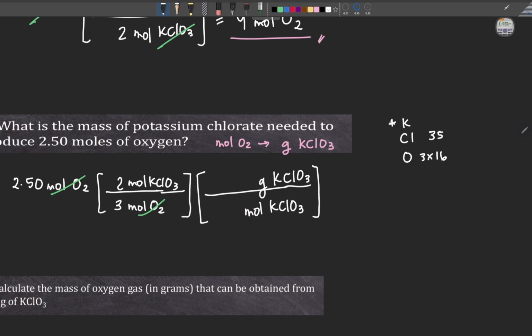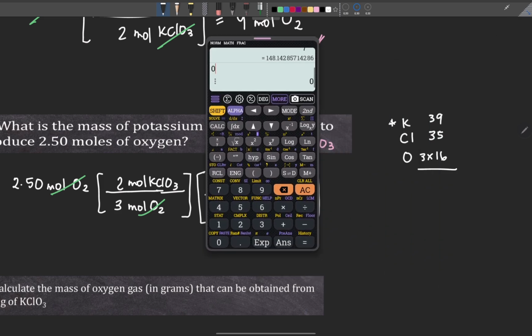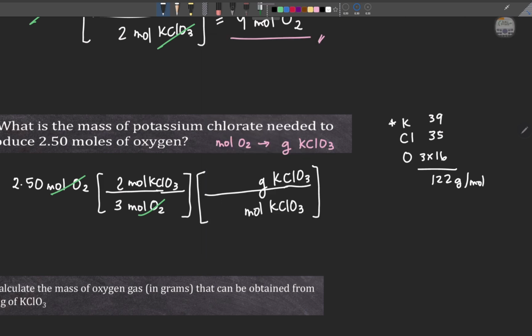Potassium is 39. So what will be the sum? 39 plus 35 plus 48. 122 grams per mole. So that means 1 mole is 122 grams.